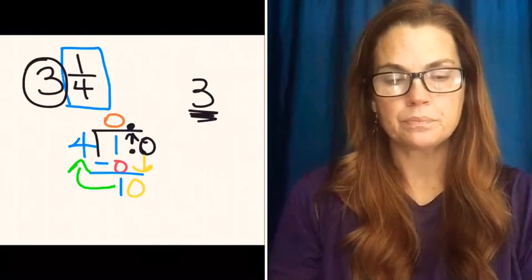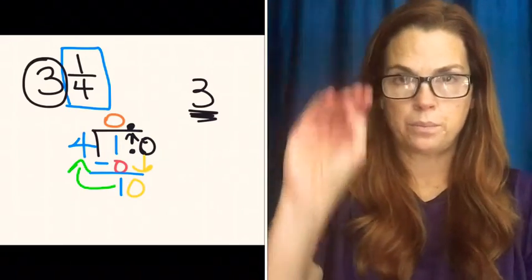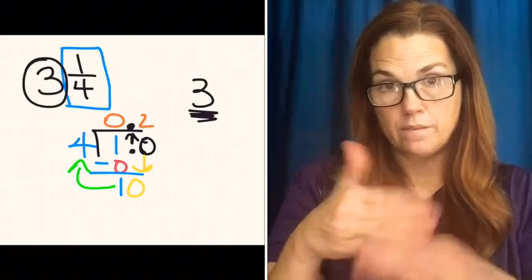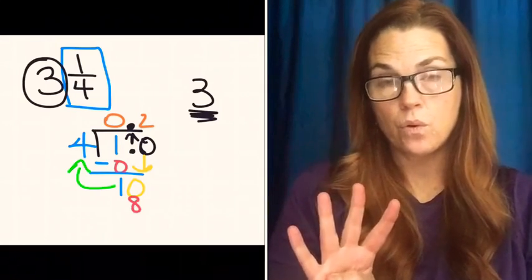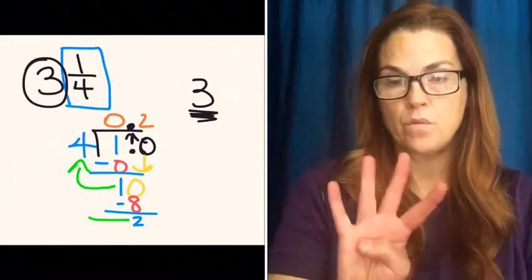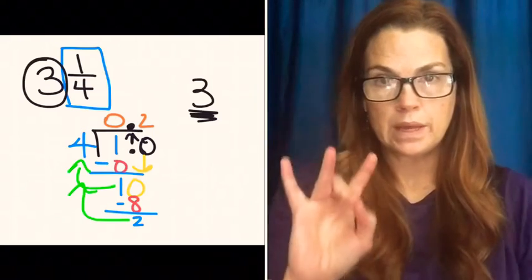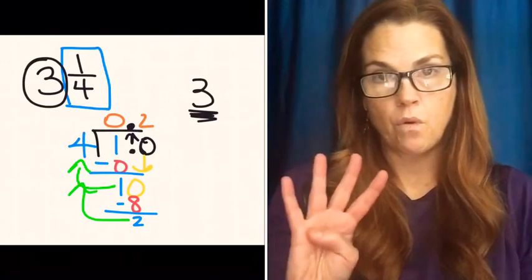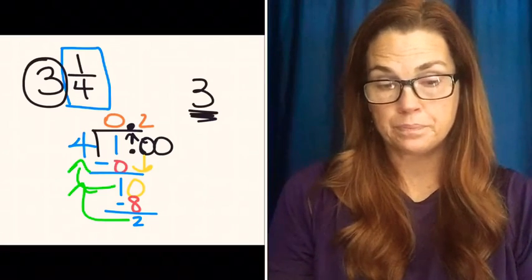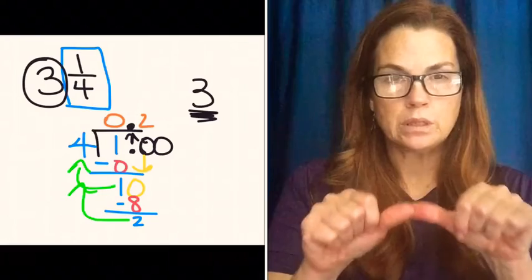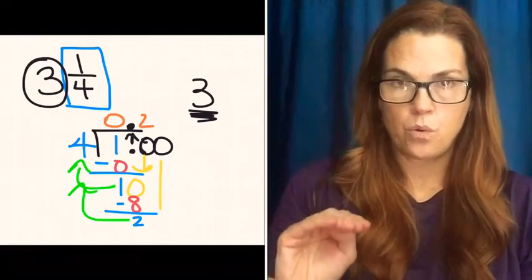I can make 2 groups of 4 out of 10, or I can subtract 4 twice from 10, because 4 times 2 is 8. 2 is less than 4. That's excellent. I have a remainder. I don't want one. So I need to continue to add numbers, zeros in this case, to the end of my dividend so that I continue to have something to bring down.